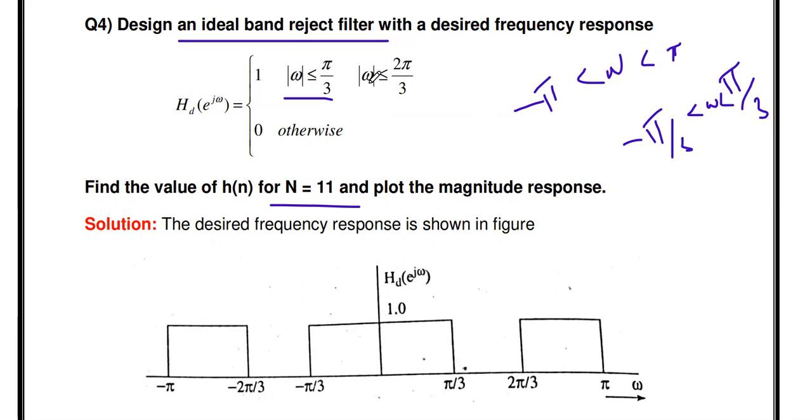In that response, the lesser value is minus 2 pi by 3 down to minus pi, since the frequency response repeats after 2 pi. So from minus pi to minus 2 pi by 3, HD of e power j omega is also 1. Similarly, for the positive values 2 pi by 3 to pi, the value is 1. So this is the frequency response.